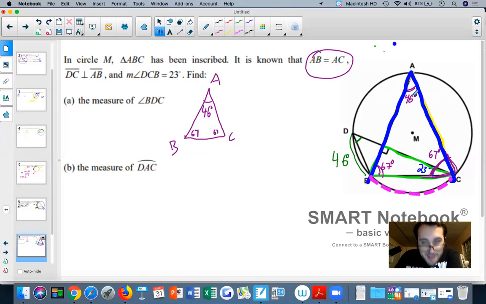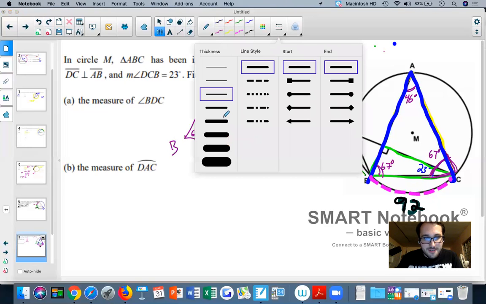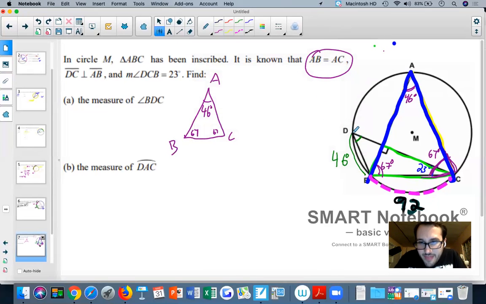If it's an inscribed angle, the angle is half the measure of the arc. So if we're going in the opposite direction, we're going to multiply by 2. So 46 times 2 is 92. So this arc is 92. So we got 92. But check this out. Let's use pink. Let's make it crazy obvious. This angle, the angle that we're originally looking for, also intersects that arc.